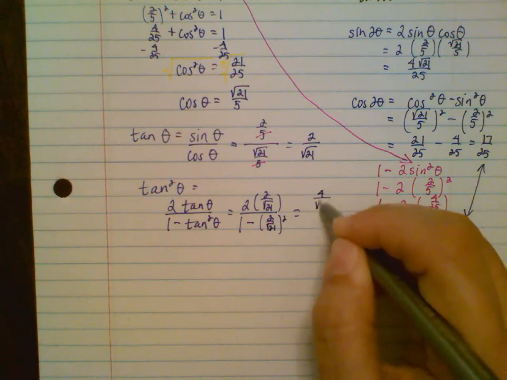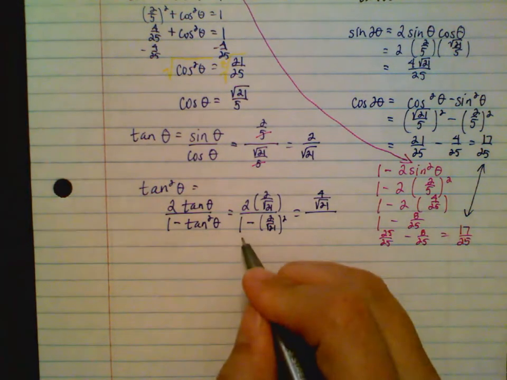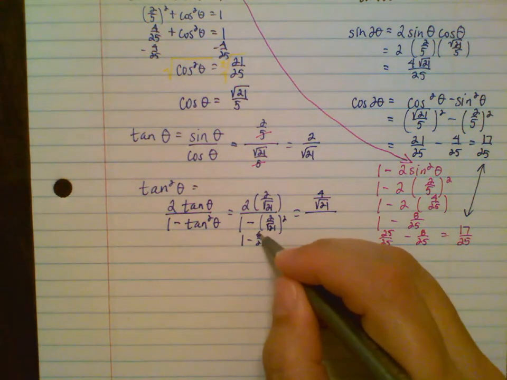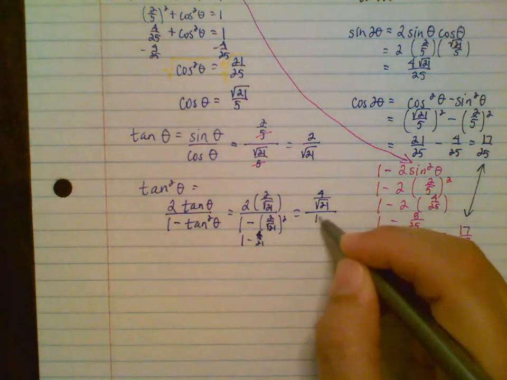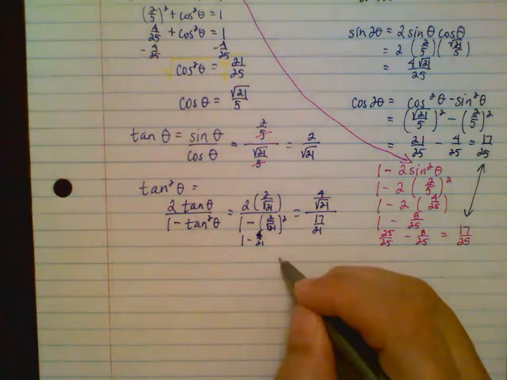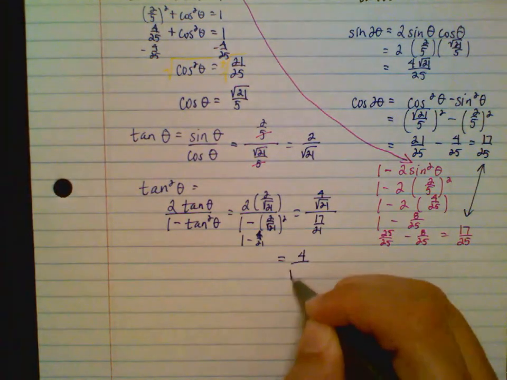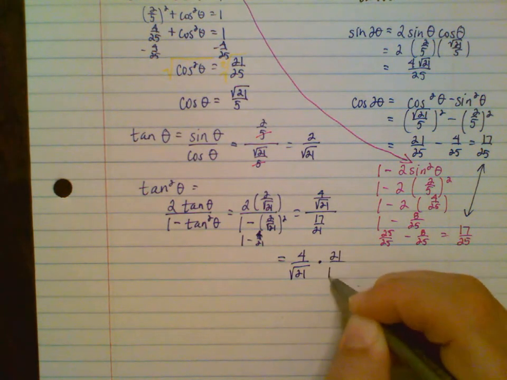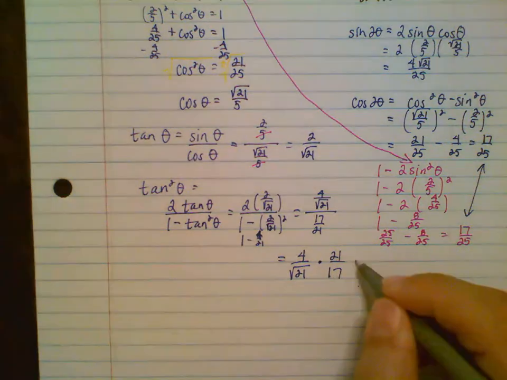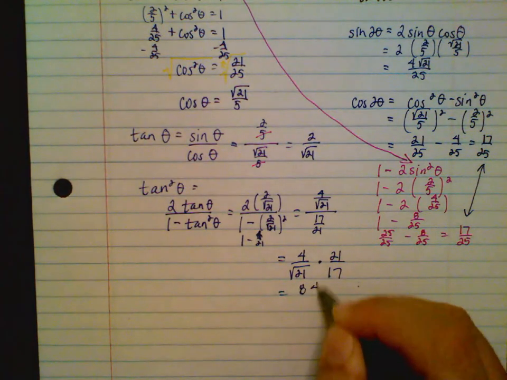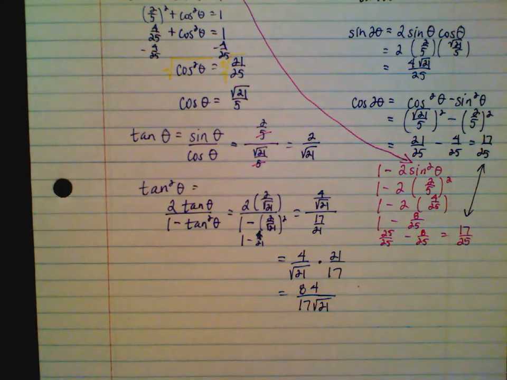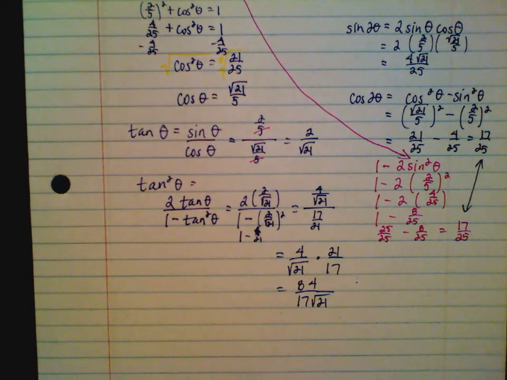That's 4 divided by the square root of 21. This is 1 minus 4 over 21. This becomes 17 over 21. So we get 4 divided by the square root of 21 times 21 divided by 17, which equals 84 divided by 17 times the square root of 21. So no matter what, I'm going to get the same value.